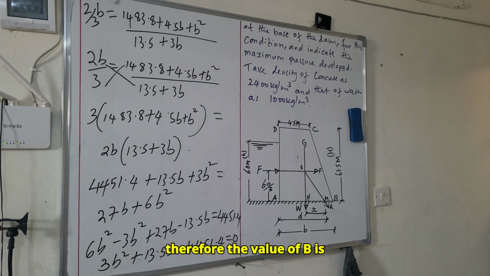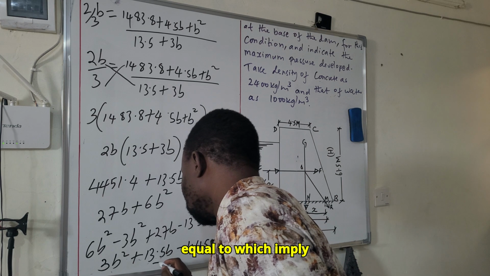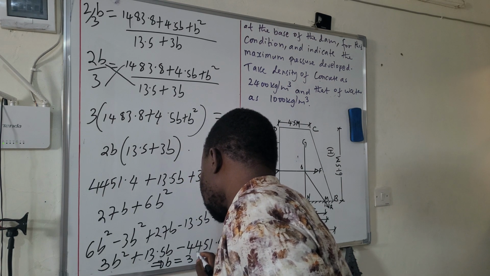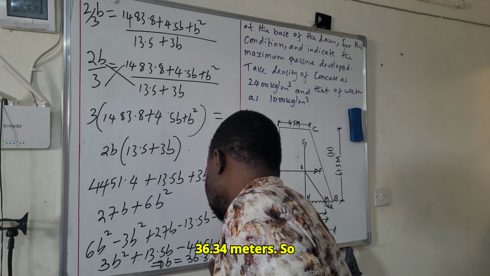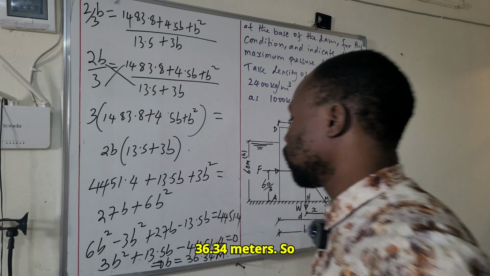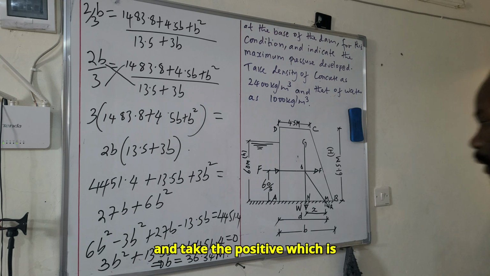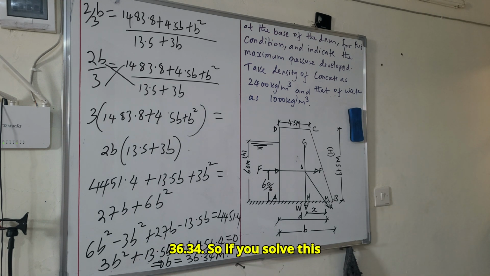So therefore, the value of b is equal to 36.34 meters. So ignore the negative part of the answer and take the positive, which is 36.34.